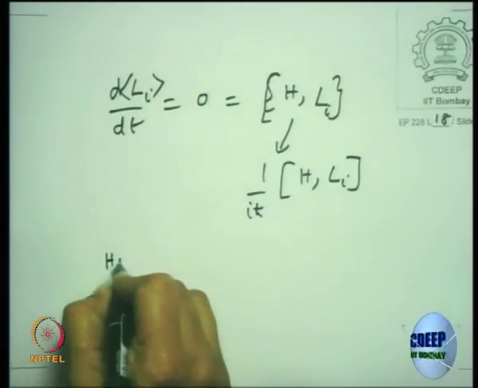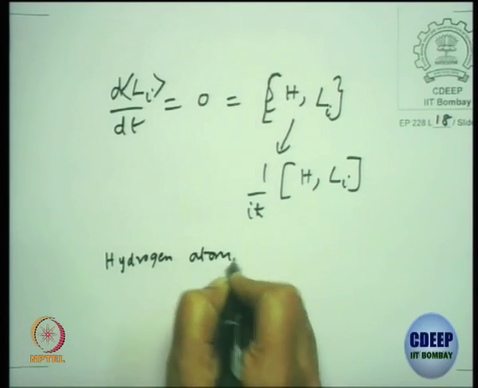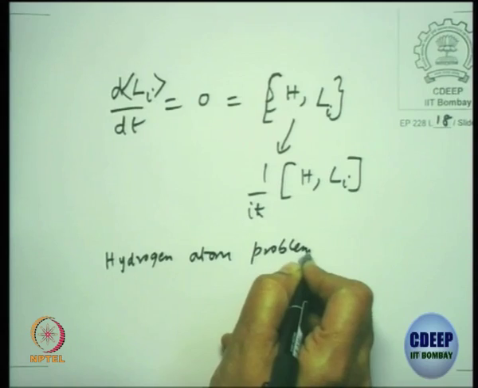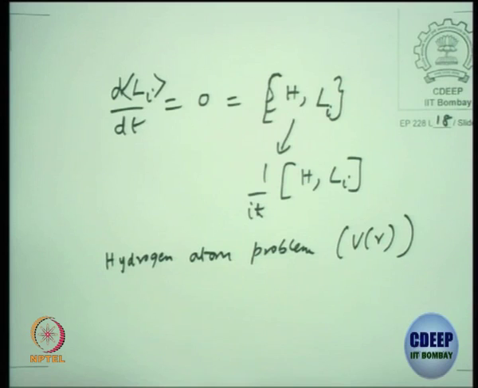They are compatible operators. So, this means for the hydrogen atom problem, and all central force problems, which include all V of r potentials, need not be just hydrogen atom, for rotationally invariant systems, angular momentum is conserved.